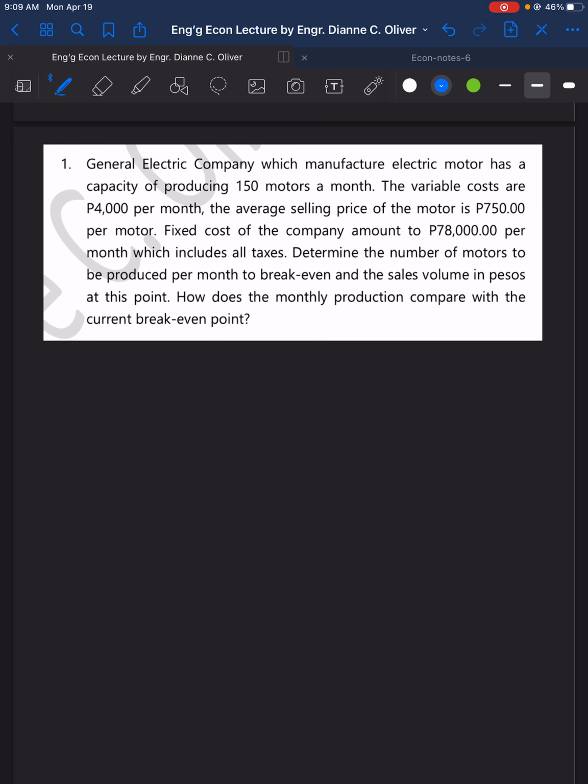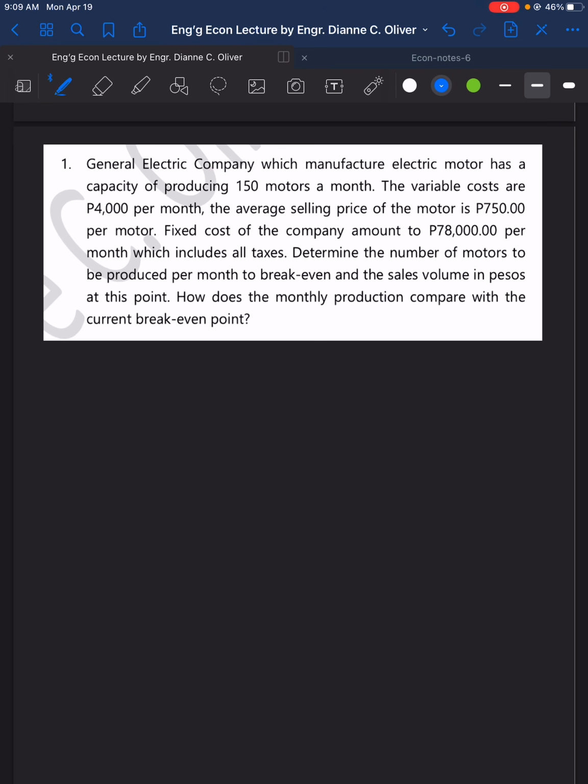Determine the number of motors to be produced per month to break even and the sales volume in pesos at this point. How does the monthly production compare with the current break-even point?